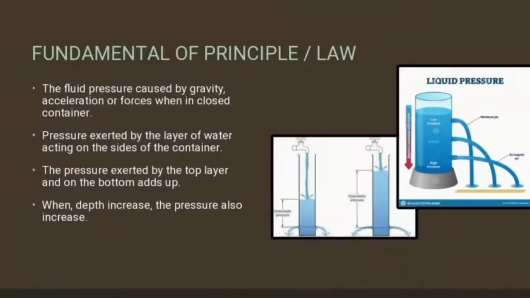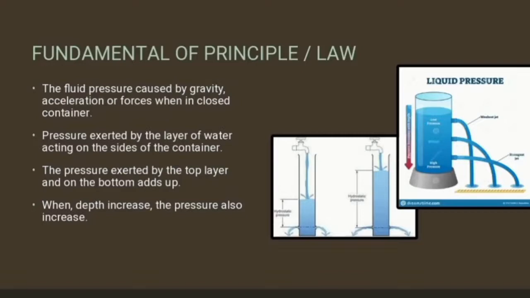In hydrostatic pressure, the fluid pressure can be caused by the gravitational acceleration force in a closed container. Consider a layer of water from the top of the container. There is a pressure exerted by the layer of water acting on the side of the container.